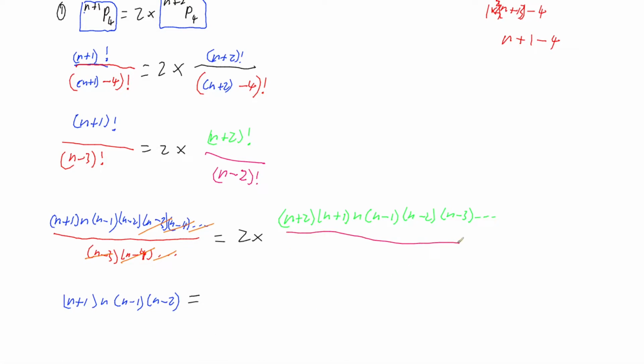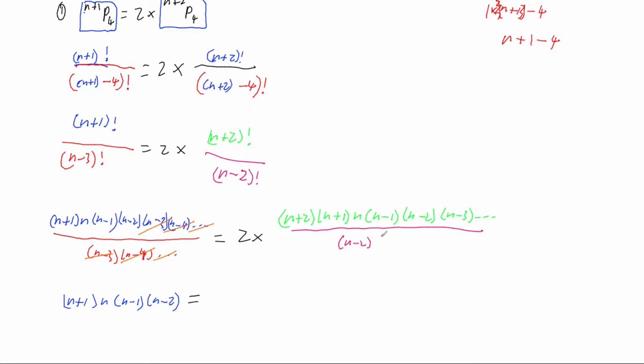On the bottom, we're starting with n minus 2, and the next number down will be n minus 3, and n minus 4, and so on. That's enough to show us that the n minus 2's will cancel, the n minus 3's will cancel, and everything else will cancel. So we're going to be left with 2 outside of n plus 2 times n plus 1 times n on the right-hand side.